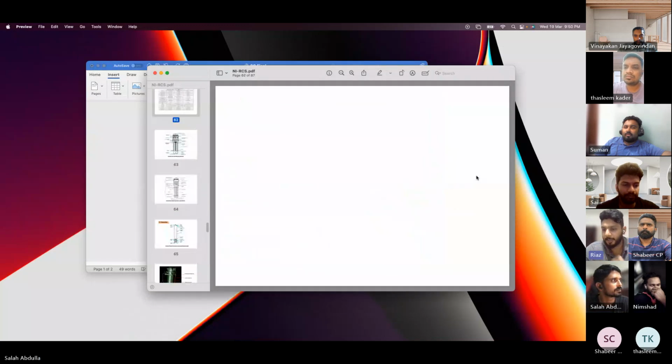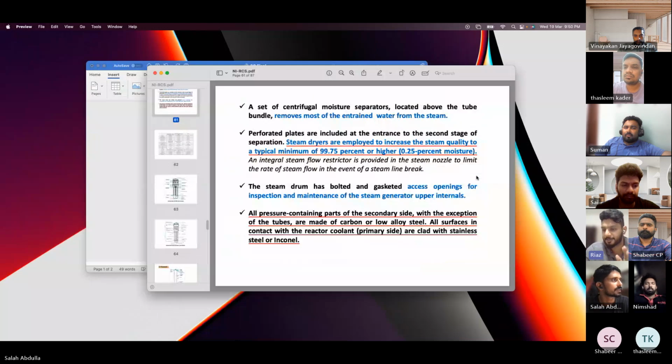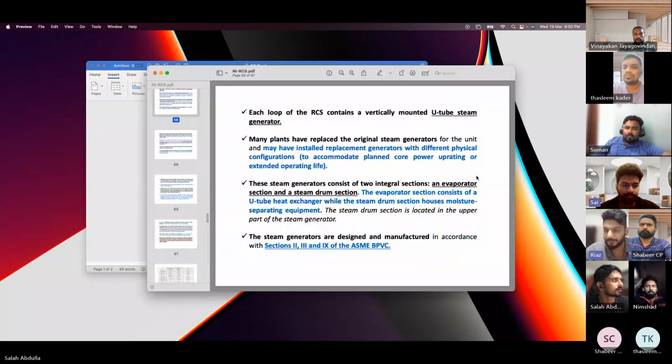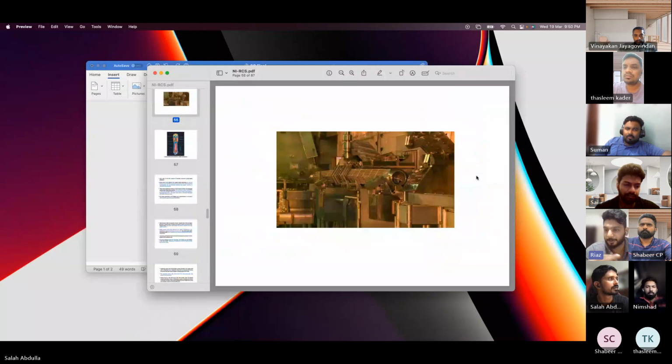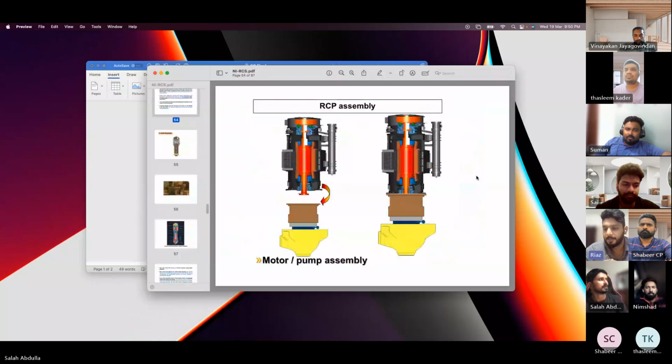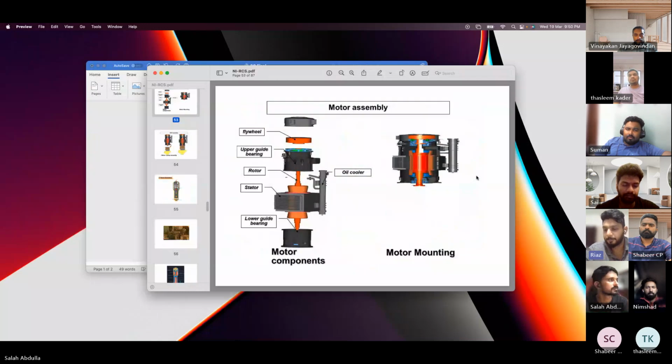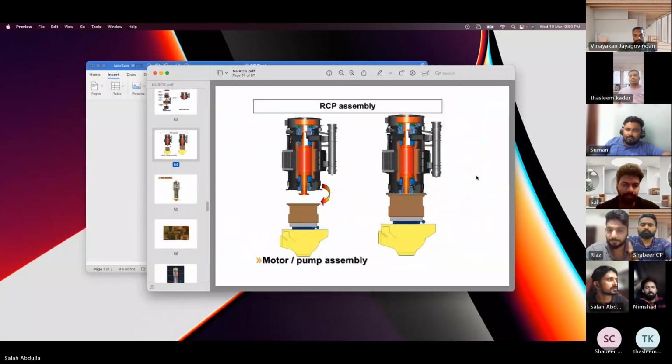You have already mentioned the temperature, so you have to check the pressure also. That's the follow-up question by Sai. What's the pressure in the secondary circuit? From my knowledge, I think it's about 15 to 20 bar.